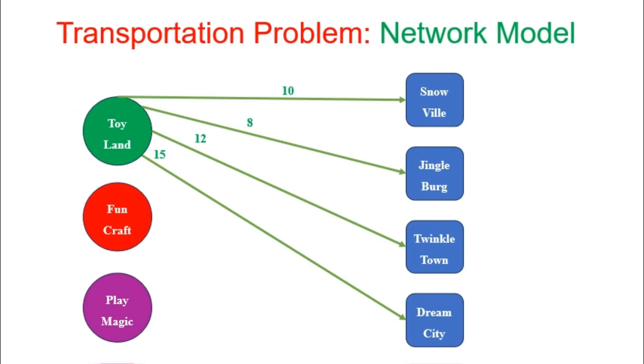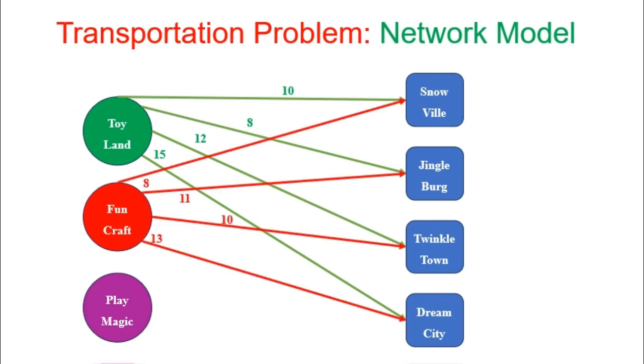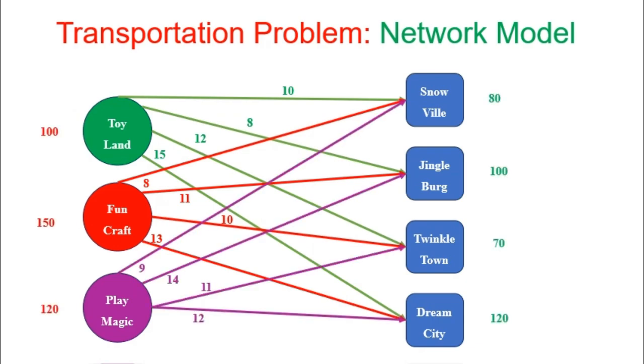So 8 rupees per toy is the delivery cost from Toyland to Jingleburg. 12 rupees is the delivery cost of one toy from Toyland to Twinkletown. 15 rupees is the delivery cost of one toy from Toyland to Dream City. This is how you will figure out the network model. Again, for Funcraft, we have these four different destinations with their respective costs for one toy delivery, and the same is the case for Play Magic.